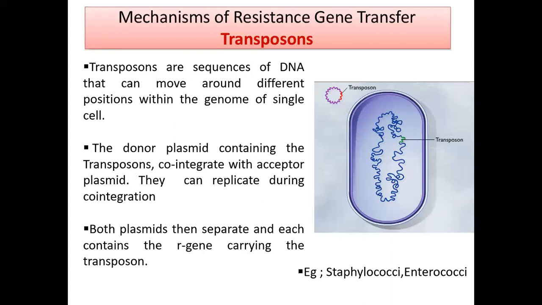The donor plasmid containing the transposons co-integrates with the acceptor plasmid. They can replicate during co-integration. If you have two plasmids, you must know that there are several copies of the plasmid in one single bacterium, not only one copy, and it varies from microbe to microbe, organism to organism, and strain to strain.